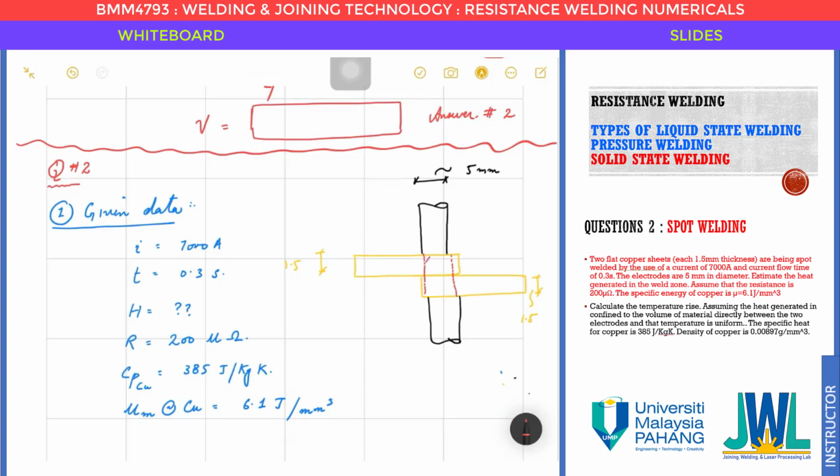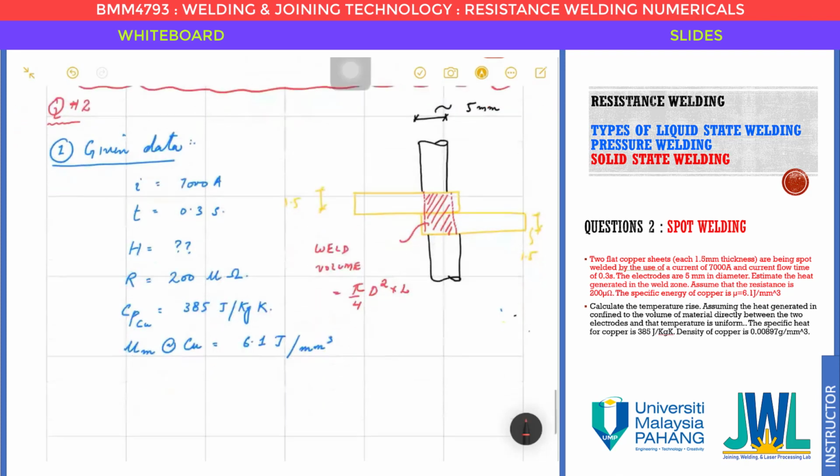So this is the weld volume. Okay, so this is the given data in the numerical.